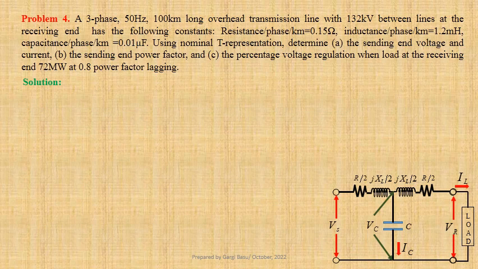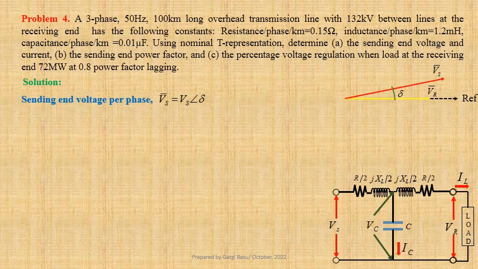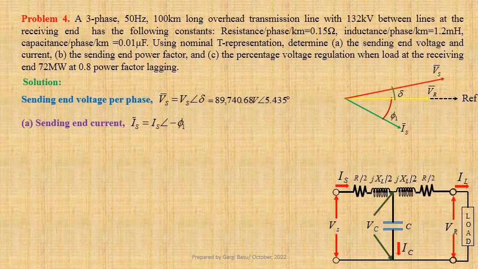We have computed sending end voltage per phase. Vs equals to Vs at an angle delta equals to 89,740.68 volt at an angle 5.435 degree, and sending end current Is equals to Is at an angle minus phi 1 equals to 377.5 ampere at an angle minus 33.82 degree.